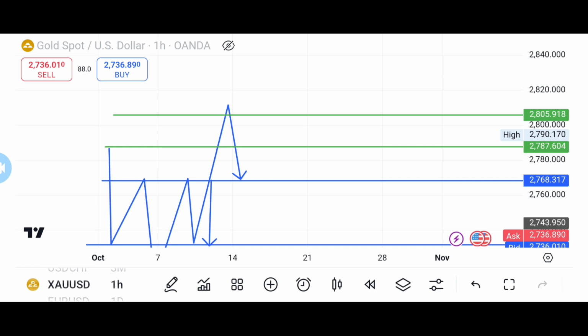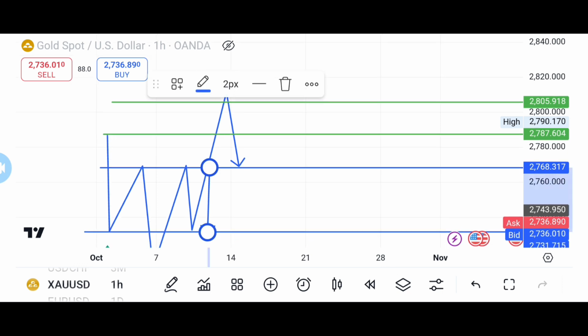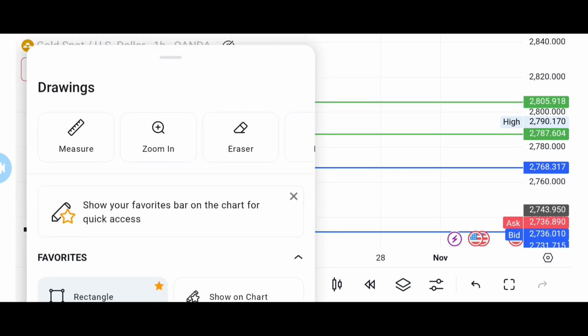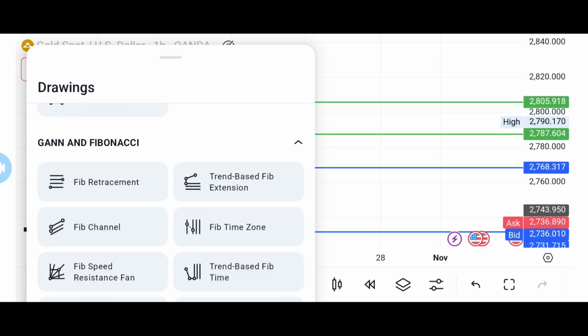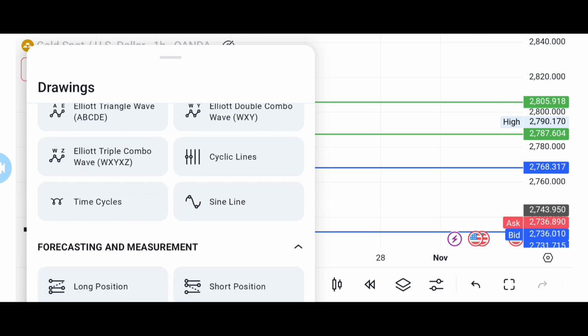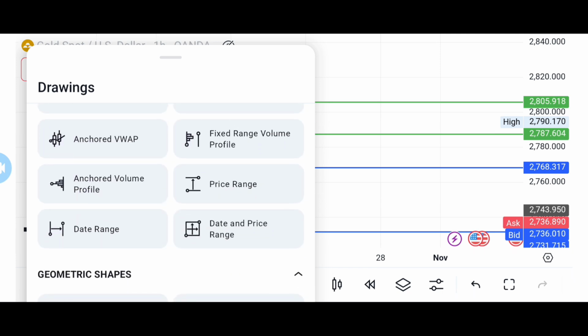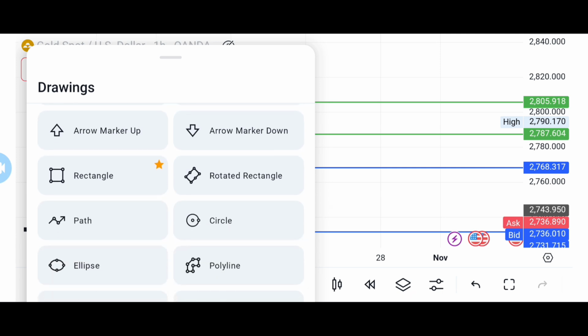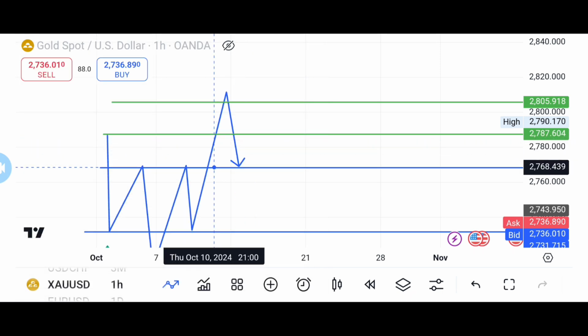Once the neckline is broken, aim for TP1. TP1 is always a guarantee, so maximize the TP1.